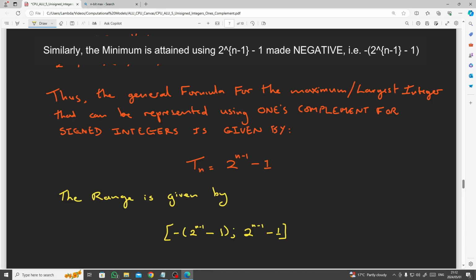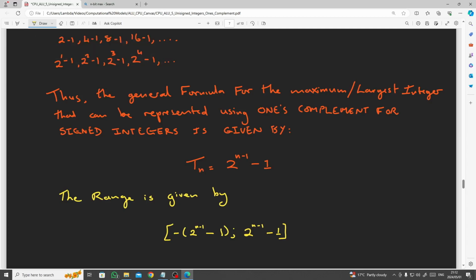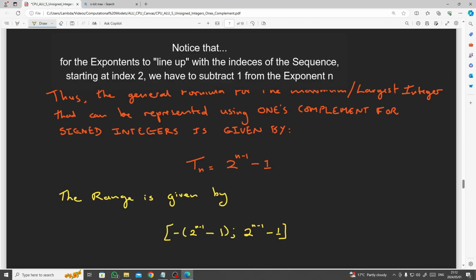Similarly, the minimum is attained using the formula 2 to the n minus 1 minus 1, made negative. It is negative, 2 to the n minus 1, minus 1. Notice that for the exponents to line up with the indices of the sequence, starting at index 2, we have to subtract 1 from the exponent n.